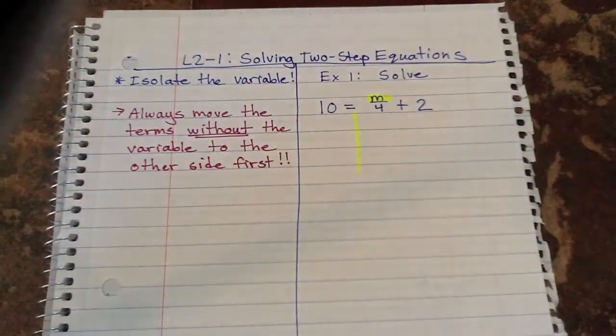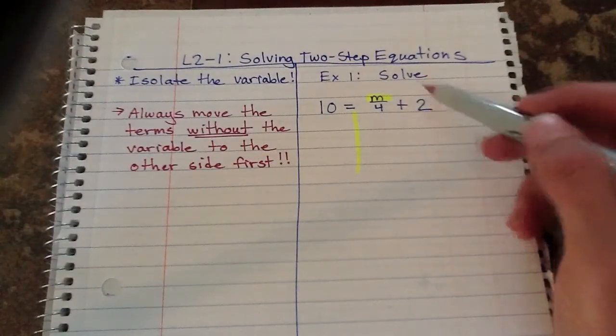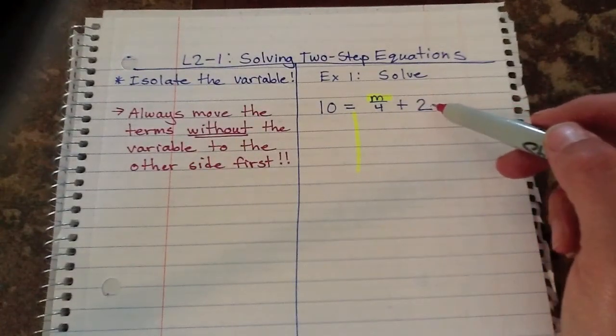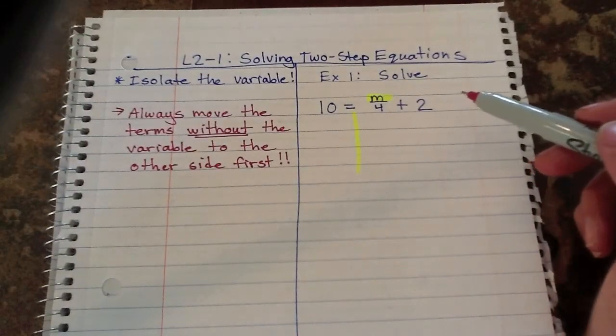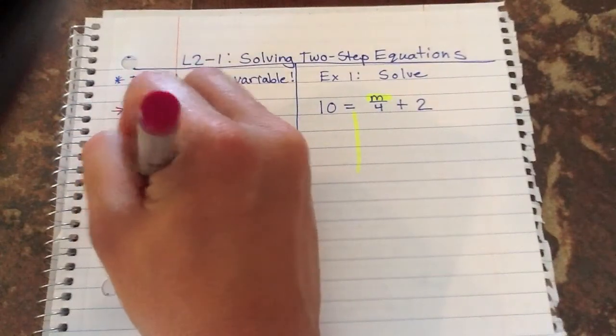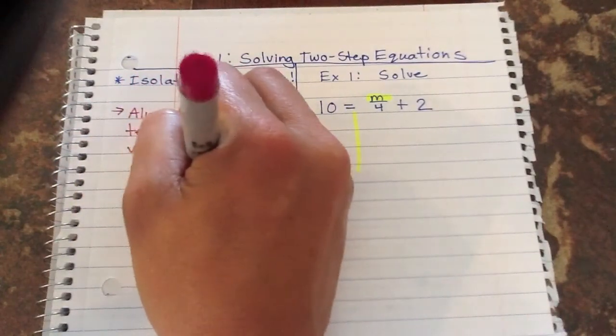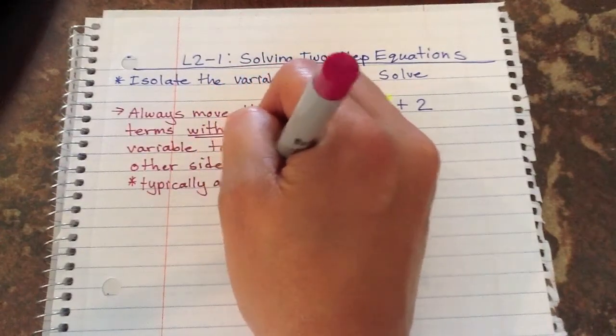Okay, so you have to understand terms. Here's a term, here's a term. This is the term without the variable, so this is the term that I want to move first.